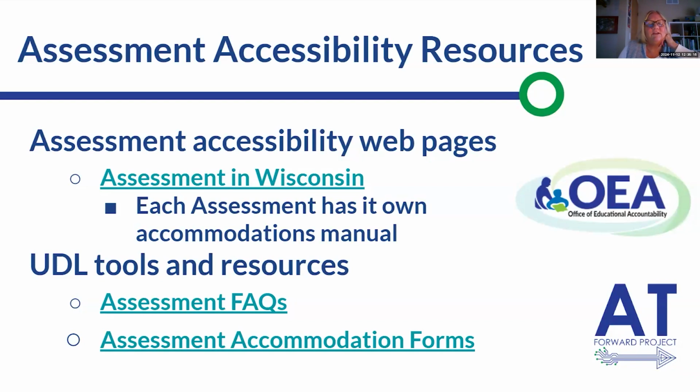When something isn't quite right, or you have a different, unique situation with the Forward exam or the ACT, you're welcome to fill out that form and submit it to DPI, and DPI will put a small team of folks together to help problem solve and maybe meet with you to figure out the right features that might help that student be able to perform on the assessment appropriately.